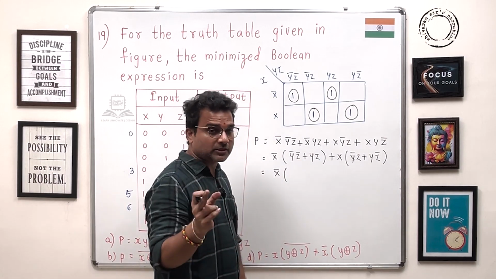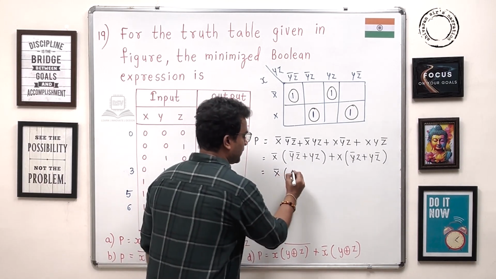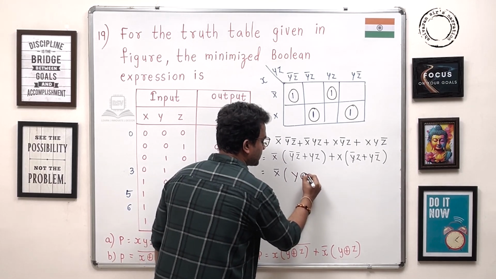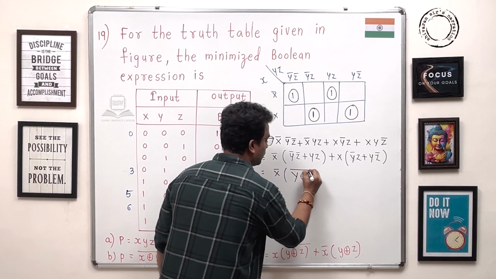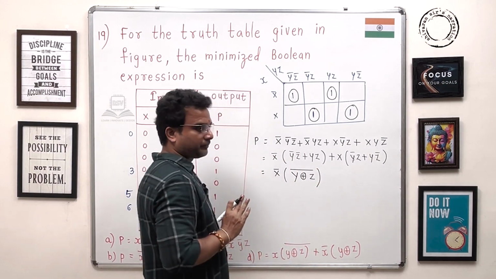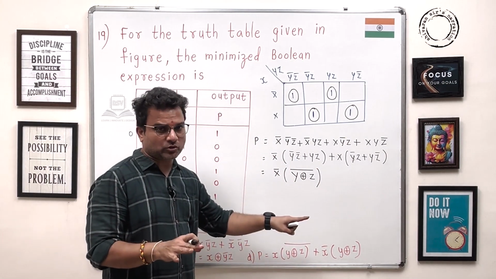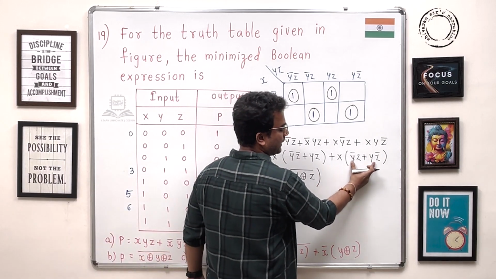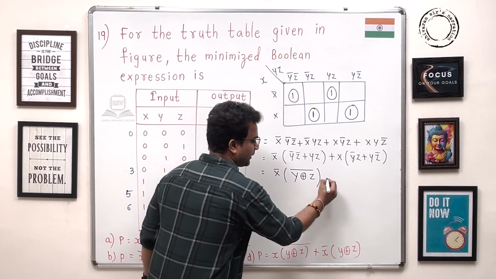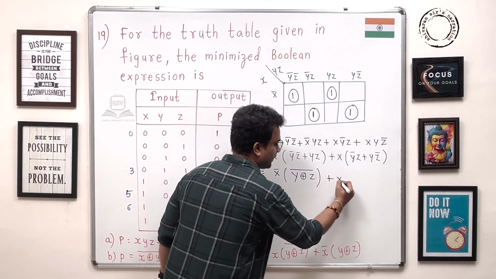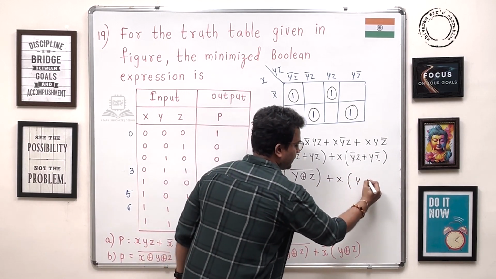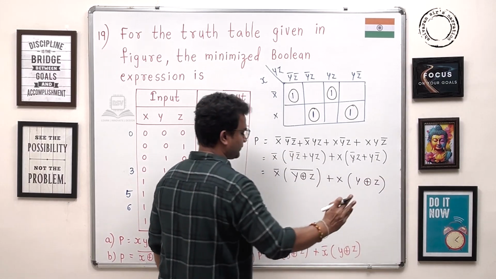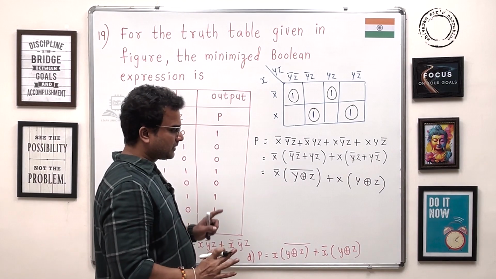It is an XNOR operation only now. Hence, why don't you write here (Y XOR Z) whole bar. You can write Y XOR Z also. Here we are taking as per the expression, because here we have Y XOR Z. Hence, it is like X into Y XOR Z. This one, guys. This is the one.